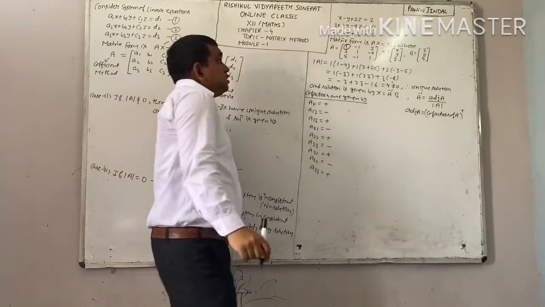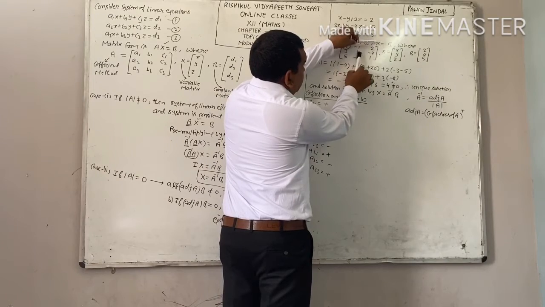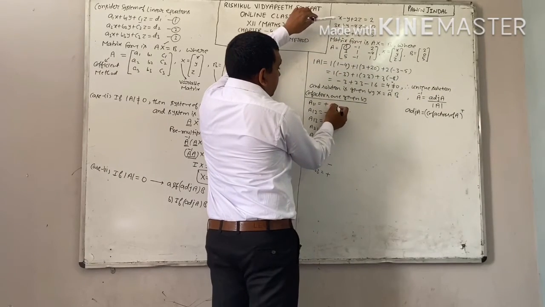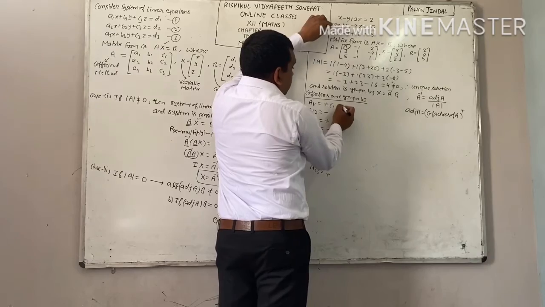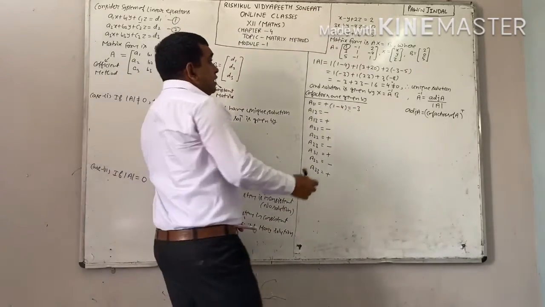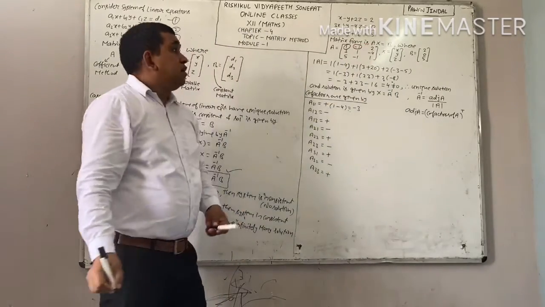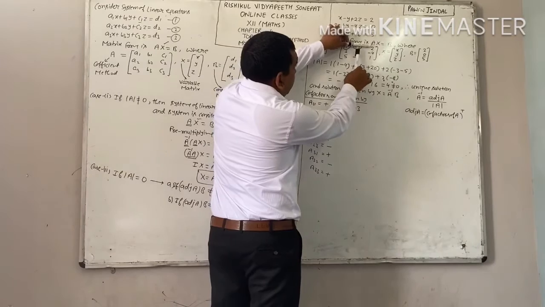Now I want to find out the cofactor for A11, this one. For this you have to cancel the horizontal and vertical. See what you get. You will get 1 negative sign minus 1 minus 4, and the answer is your minus 3. Now next entry A12. Horizontal cancel out and vertical cancel out.